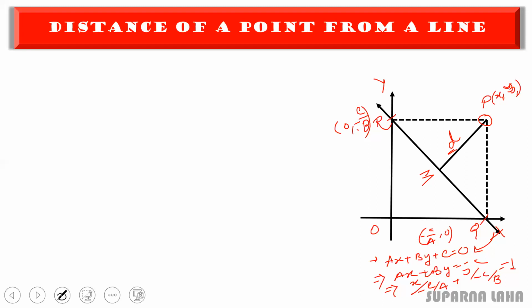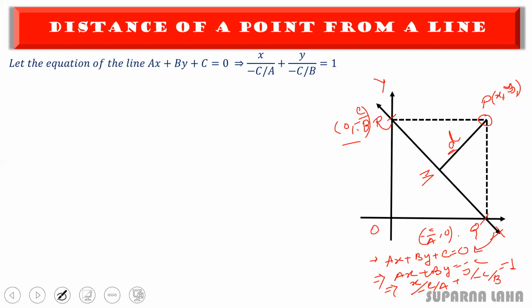Okay. Now how to find this distance? For this triangle PQR, what is the area? Half into base into height. Right, and the height is PM. So from there you can easily find the value of PM. Write down the equation and its intercept form, and from there you can easily find these two points.